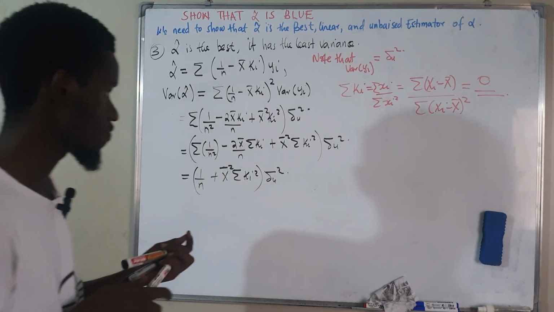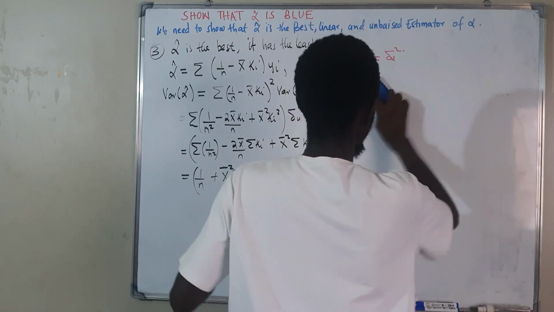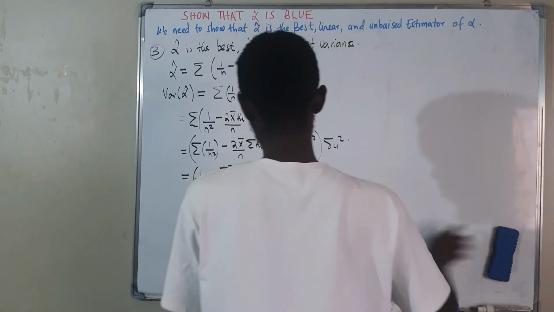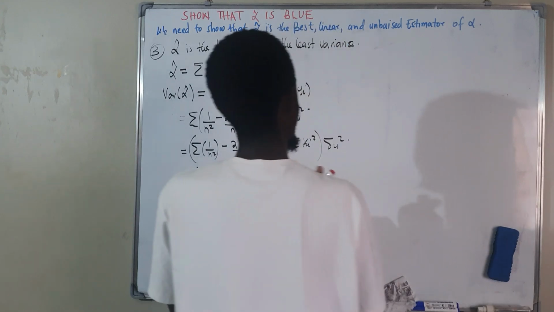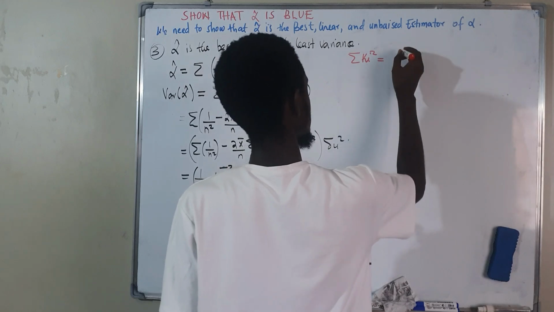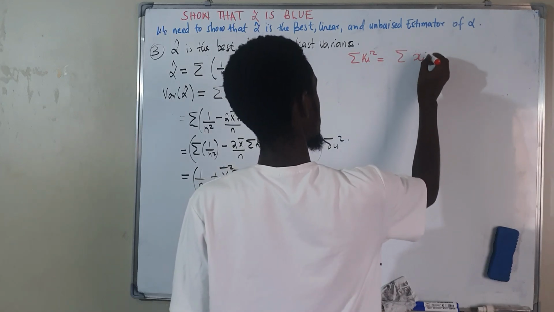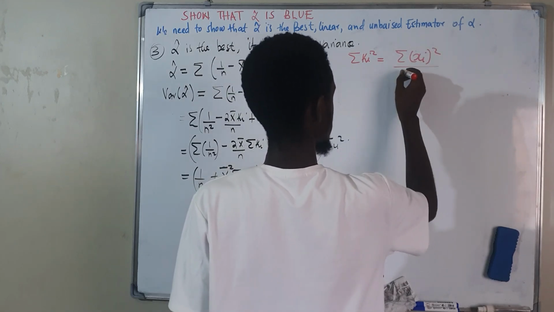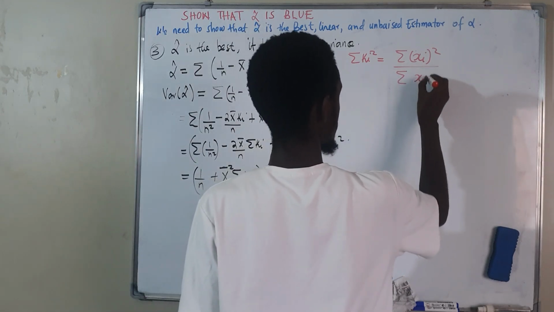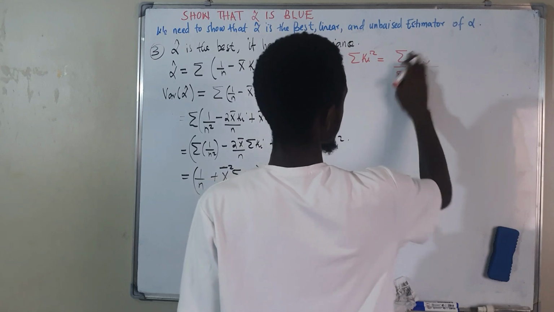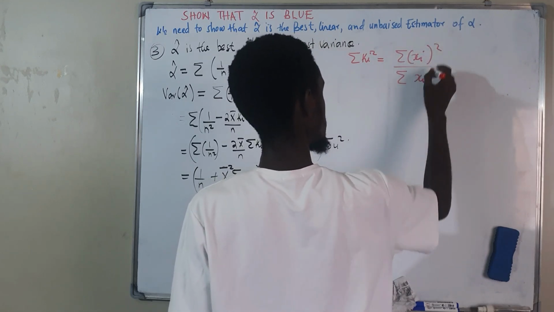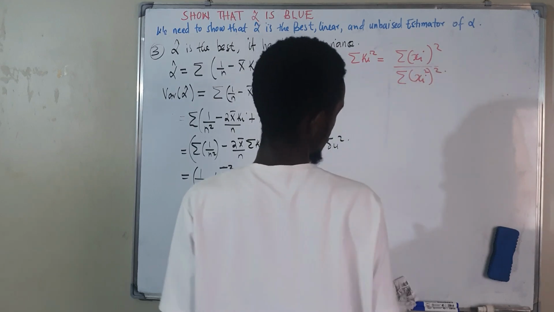Now from that step, if we try to expand ki squared, I remember summation of ki squared is the same thing as summation of xi squared over the summation of xi squared, all squared.